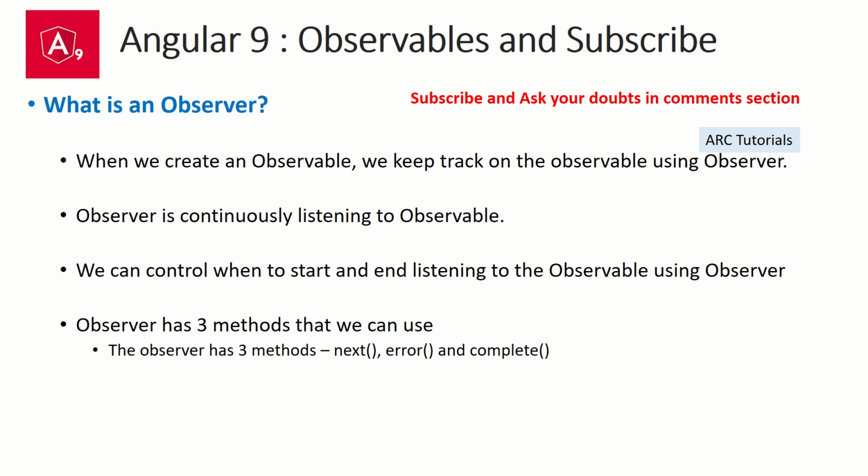We can control when to start and when to end listening to the observable using the observer. So an observer has three methods. One is next, another is error, and the third is complete. These are the three most frequently used. We can also use other methods like remove, etc. But these are the three main methods that we use most of the time.